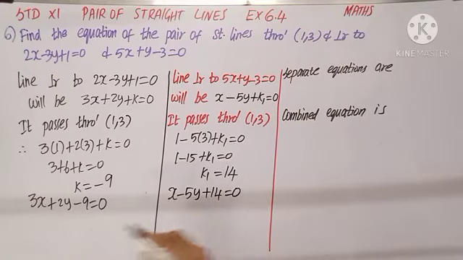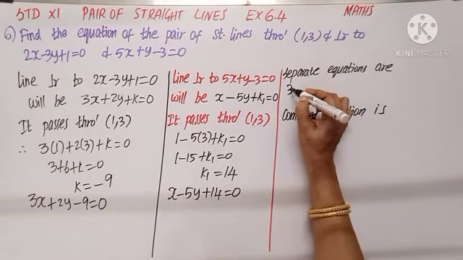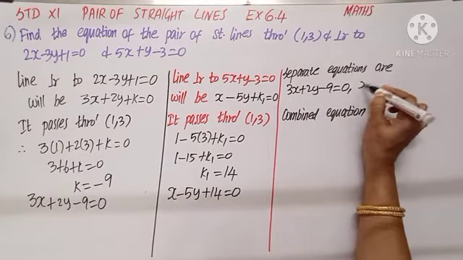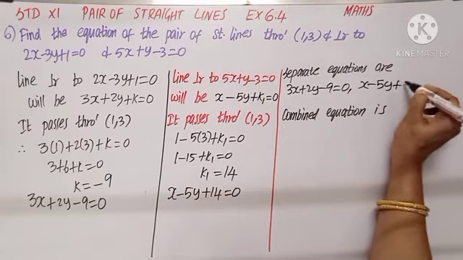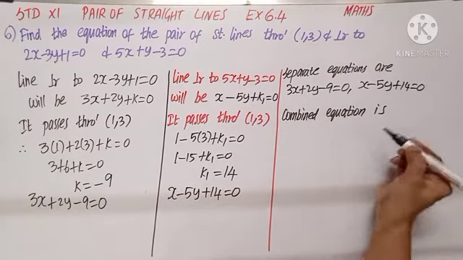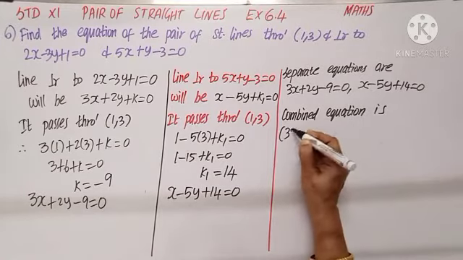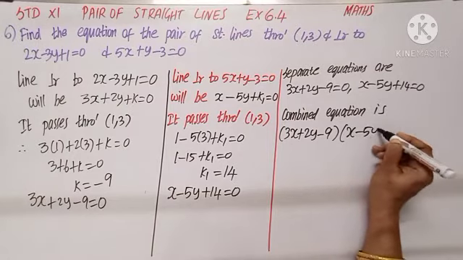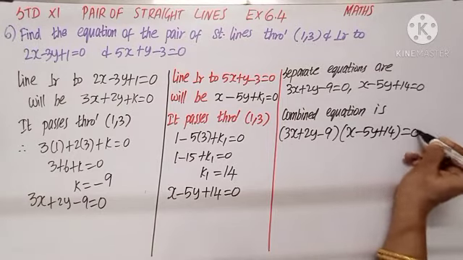The separate equations are 3x plus 2y minus 9 equal to 0 and x minus 5y plus 14 equal to 0. To get the combined equation, let us multiply 3x plus 2y minus 9 into x minus 5y plus 14 equal to 0.